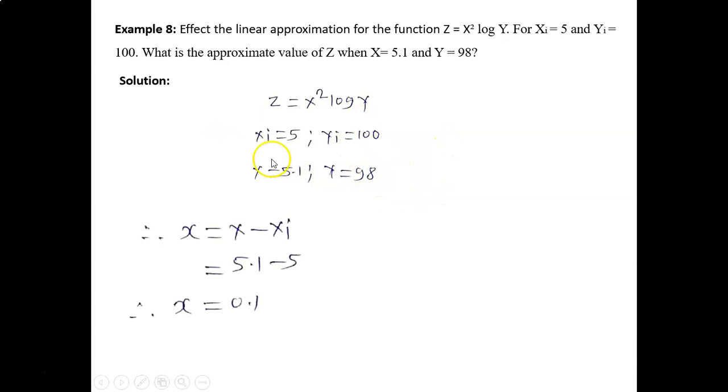Therefore this variation small x and small y we will find out. First of all, small x is equal to x minus xi, which is equal to 5.1 minus 5. Therefore small x is equal to 0.1. Similarly small y is equal to y minus yi, which is equal to 98 minus 100. Therefore small y is equal to minus 2.